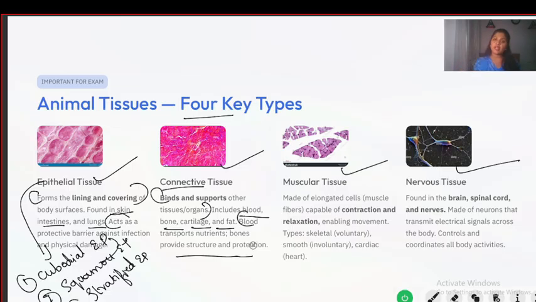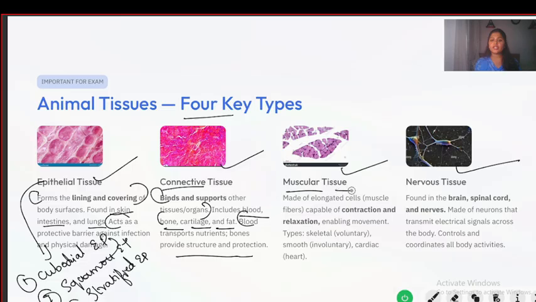Blood was also called fluid connective tissue. That is your connective tissue, where you studied about the bone, the tendons, the ligaments, how they are connected, right? The cartilage, where fat is stored in the adipose tissue. Areolar tissue you have also studied, which is also present in the lungs. All these are very, very important to remember.